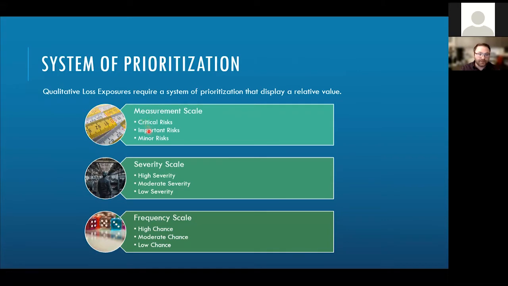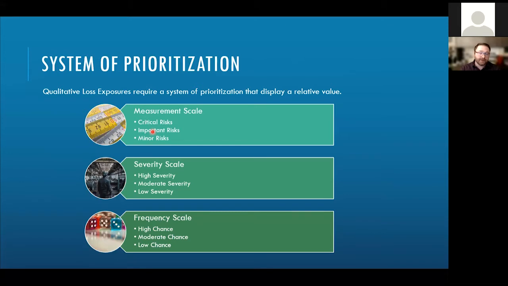For an important risk, these are risks that have a medium to high severity. They may affect our day-to-day operations. We may have to borrow money to cover the costs of the incident or the exposure. We will likely be able to stay in business if the event occurs, but again, it's going to negatively impact us.